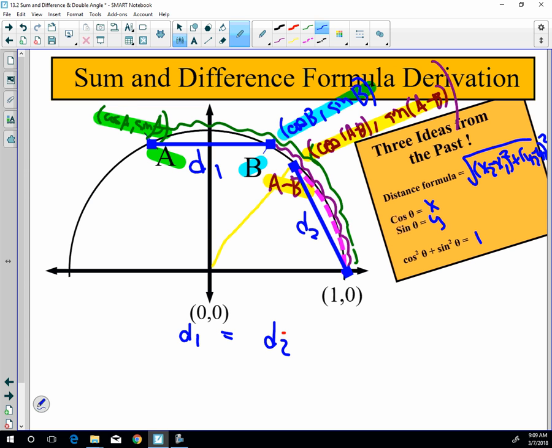I'm going to call this one x2, this one y2. I'm going to call this one x1, y1. Seems kind of weird, but this is the direction I'm going to go.